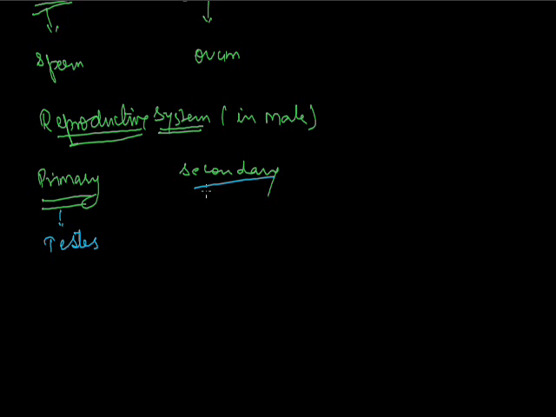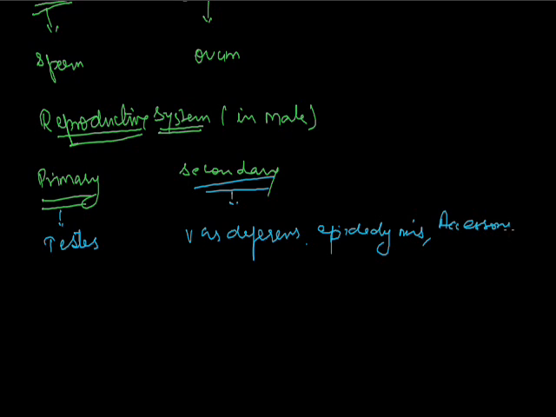Secondary organs do not take part in the formation of the gamete, but they help the primary organ to complete the process. They are known as the secondary sex organs, and they consist of the vas deferens, epididymis, and the accessory glands. Now we'll start with the primary sex organ, that is the testis.